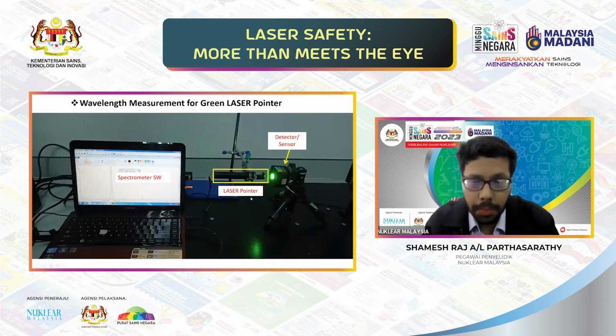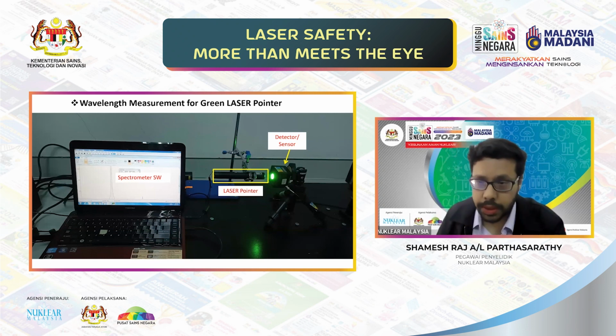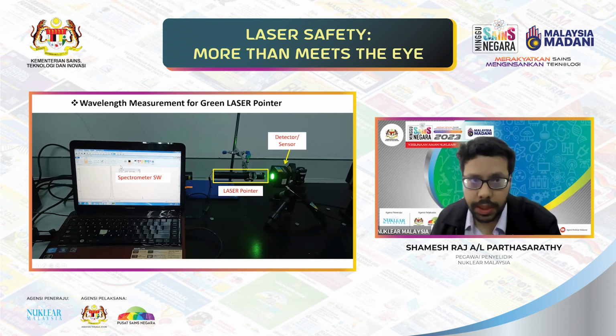The first type of measurement was the wavelength measurement. This picture shows an example of a wavelength measurement from a green laser pointer. We have our own spectrometer system. The laser is placed over a laser pointer holder and energized, and then the power is transmitted to an optical detector or optical sensor of the spectrometer system.